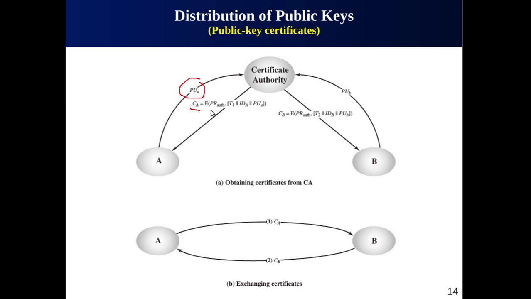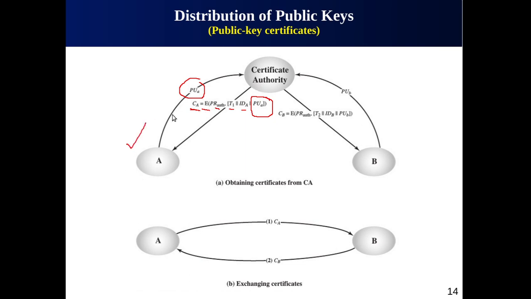Now, what is inside this certificate? Actually, the certificate is encrypted by using the private key of the authority. It contains a timestamp, the identity of A, and this is important, the public key of A. Okay, so all these things are encrypted with the private key of the certifying authority.